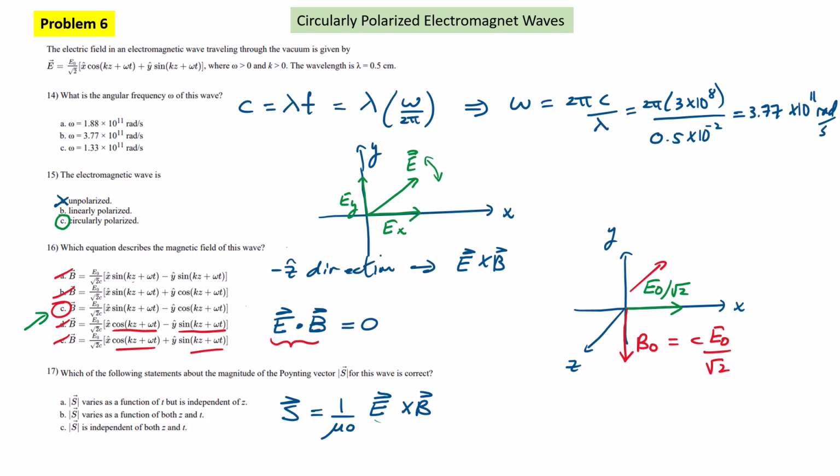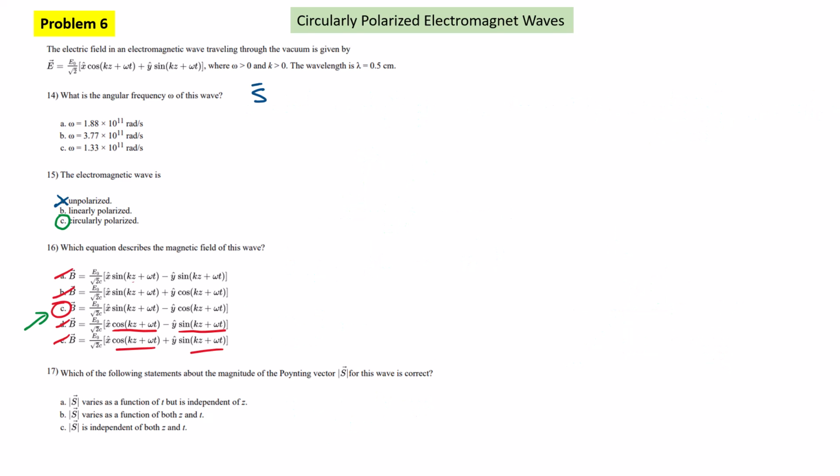All right, so what we're going to do here is just start off by writing that pointing vector. And now let's do the E cross B. I'm going to write down the electric field vector, E0 root 2, and here we have an x component, cos. I'm not going to write down all the terms over here because it just repeats itself, but let's write it down like this, plus sine of the same term in the y-hat direction.